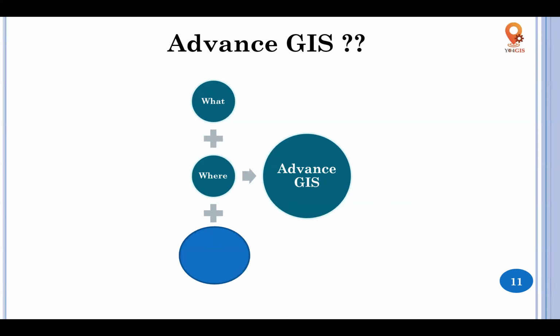Where is the bank? Where is the ATM? You can easily find that in Google. In that you can get the details, like where the bank is, and what kind of facilities are there. So you easily get the answer of what and where.